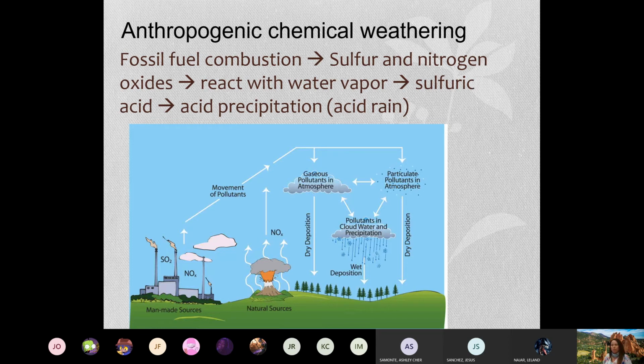They react with the water that's in the air and create sulfuric acid. That sulfuric acid creates acid rain. And Colorado is one of either, I forget, 2 or 3 places in the US that gets a heavy amount of acid rain.